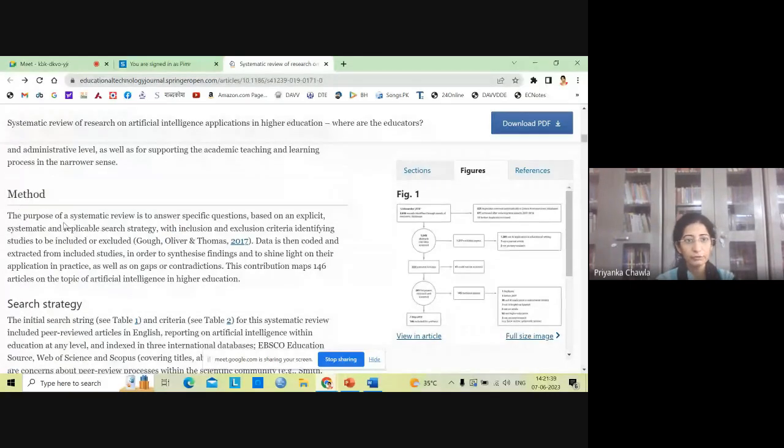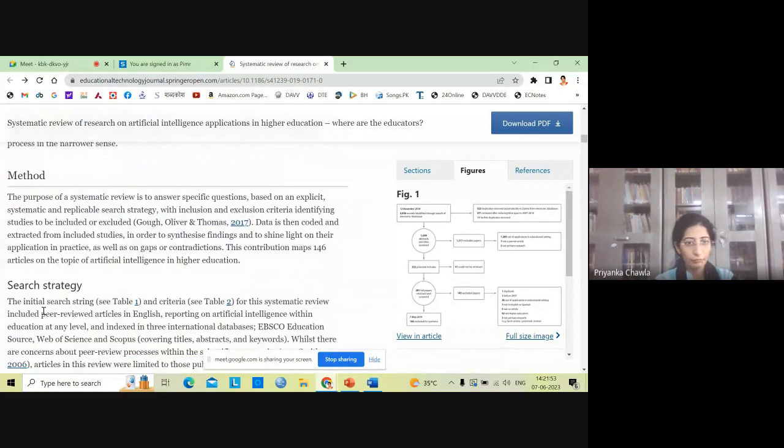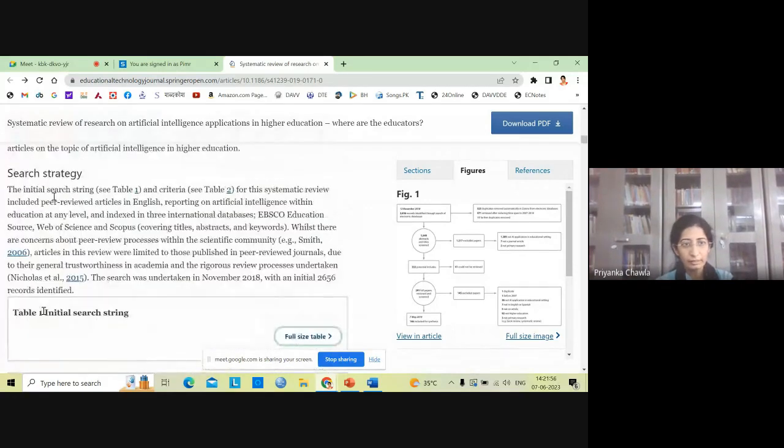See, the purpose of systematic. He has used a systematic review. The paper is based on a systematic SLR. And then he gave the reference of this person. Whatever he has done, he has included in the search strategy.